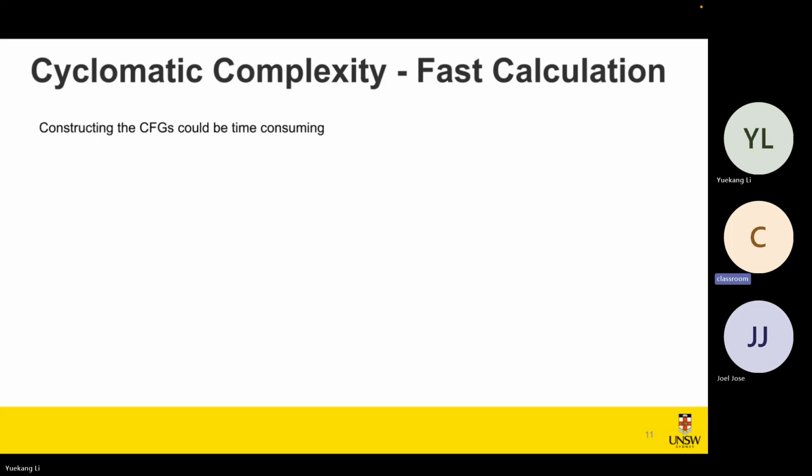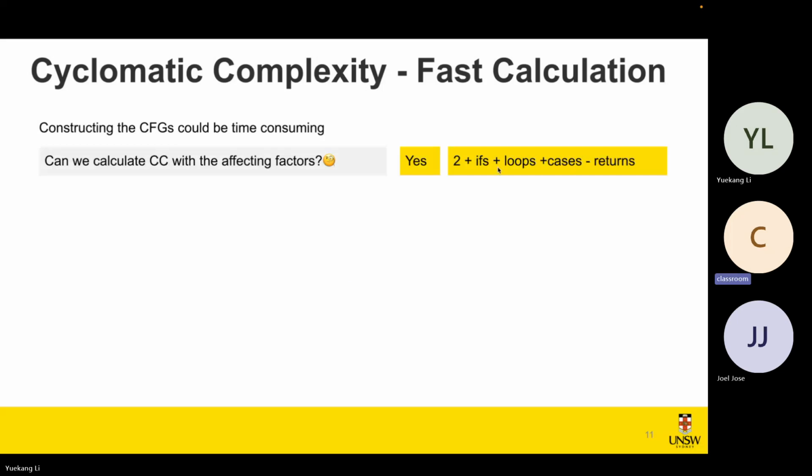The fast calculation formula here is 2 plus the number of ifs plus the number of loops plus the number of cases inside a switch minus the number of returns or exits. So this is the new formula according to the factors affecting the cyclomatic complexity.